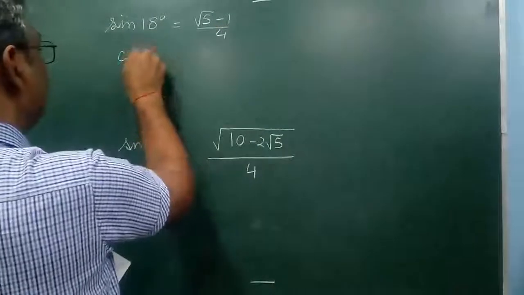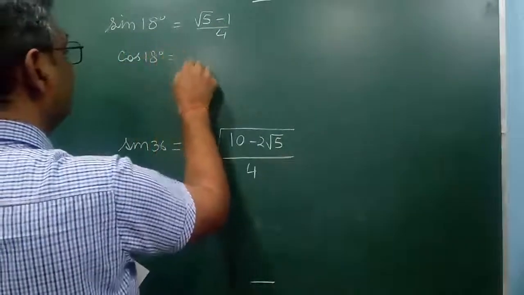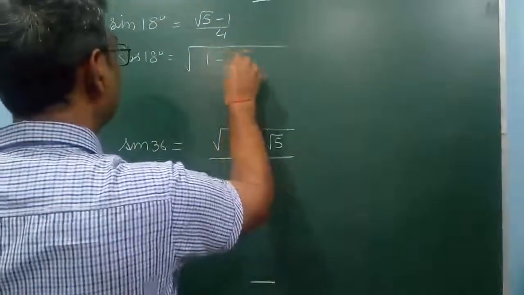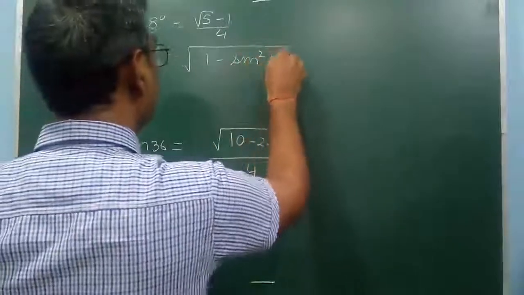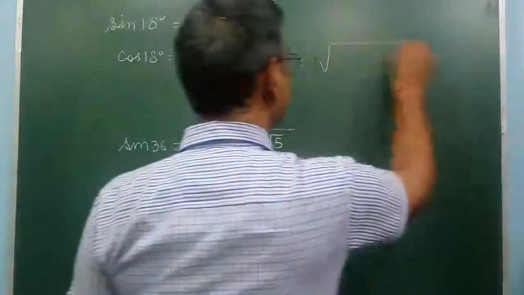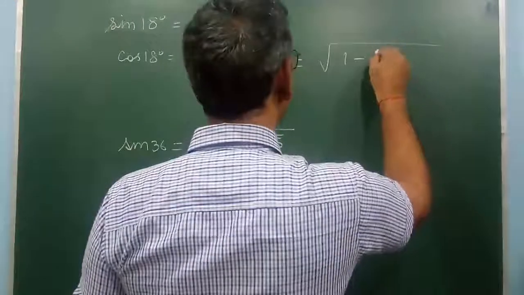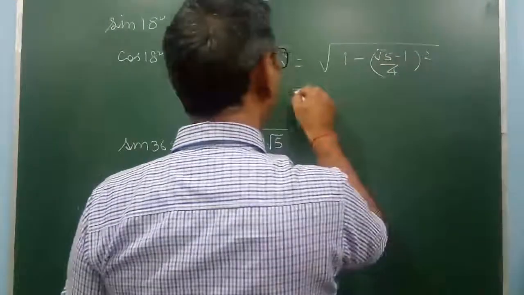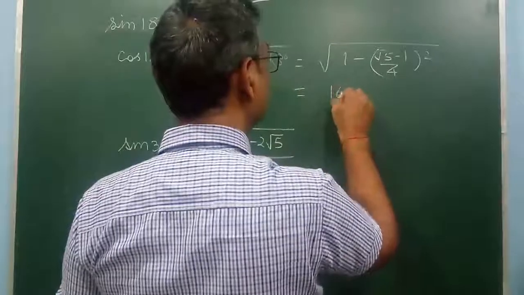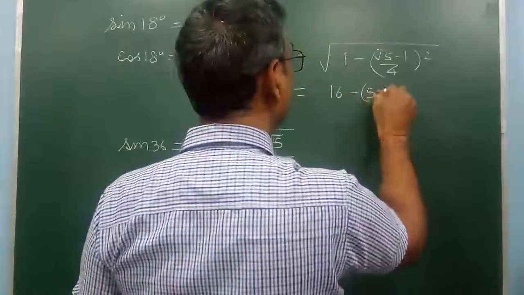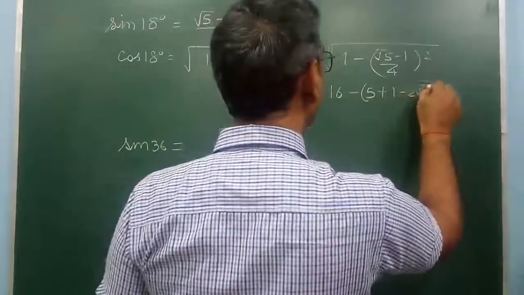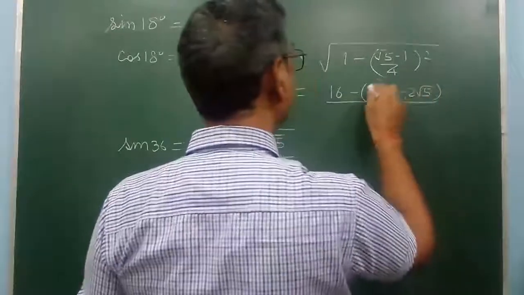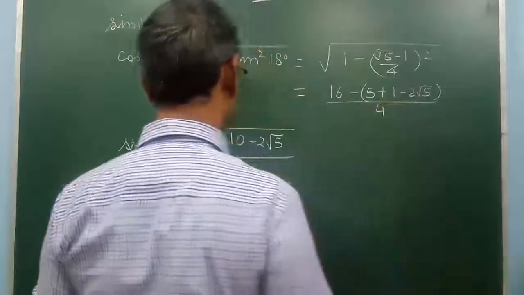So cos 18 equals under root 1 minus sin square 18 degree, meaning 1 minus ((root 5 minus 1) by 4) whole square, and that equals (16 minus 5 plus 1 minus 2 root 5) by 4.